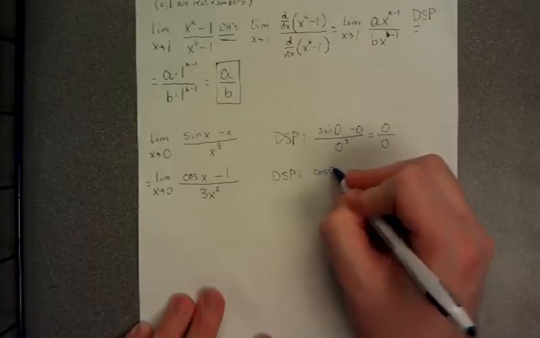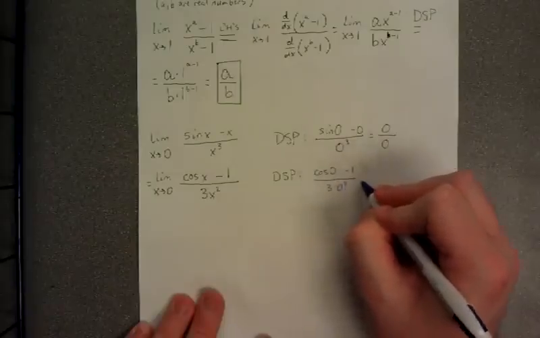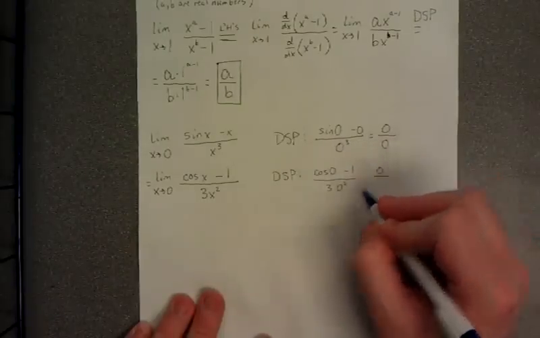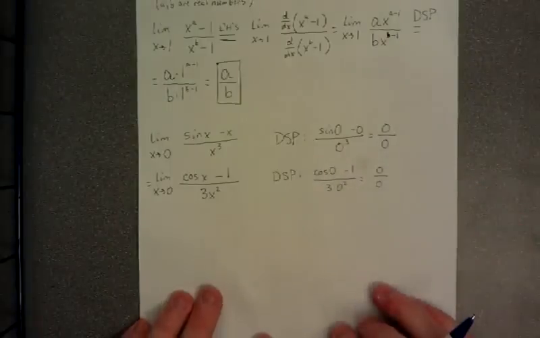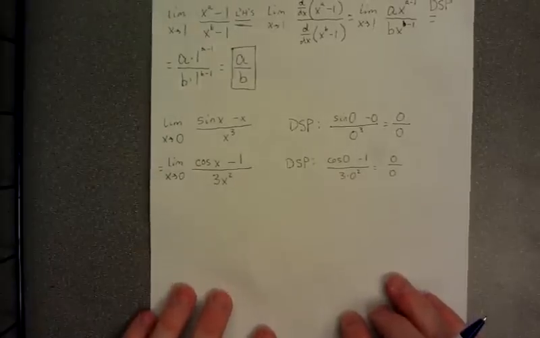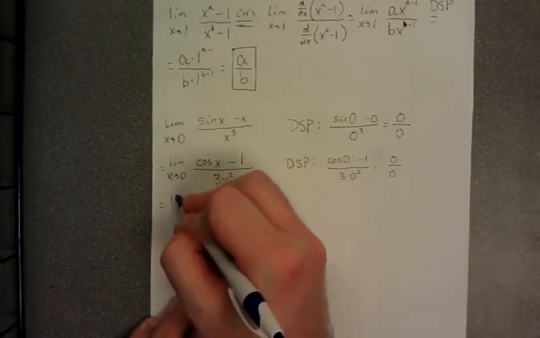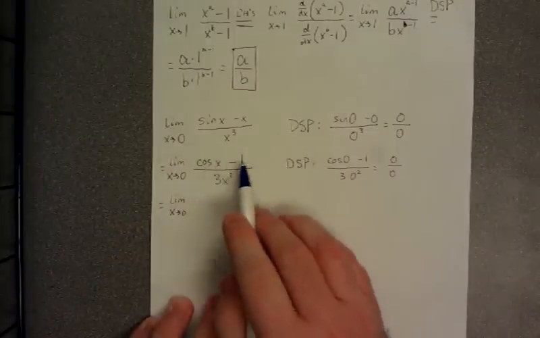If I try direct substitution property again, I'm going to get the cosine of 0 minus 1 over 3 times 0 squared. Cosine of 0 is 1, minus 1 is 0, and in the denominator, anything times 0 is 0, except for infinity, but we'll see that in the next example. Now what this means for me is that I can apply L'Hopital's rule again.